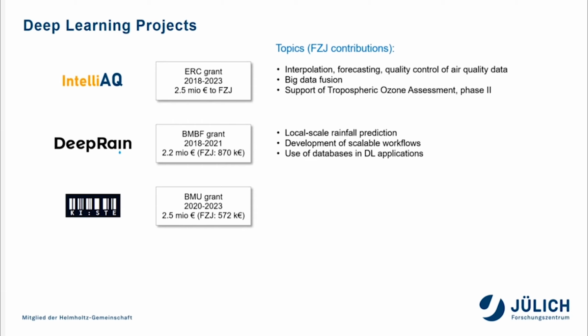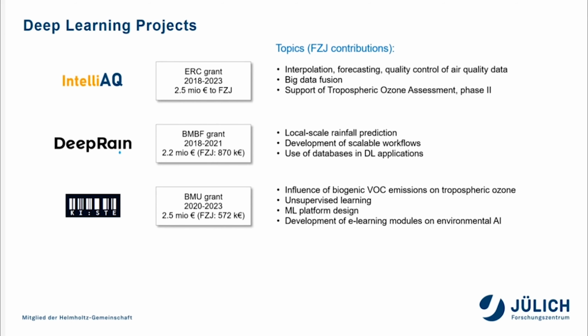Then a new project, new kid on the block, hopefully starting November this year, is the KIST project. This is a grant from the Environmental Ministry. The total volume here is 2.5 million, where the Forschungszentrum in total has 572,000 euros, and a large share of that goes into our group.